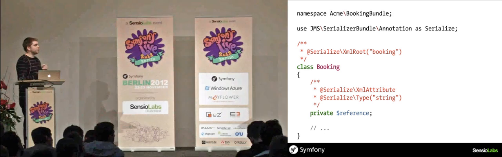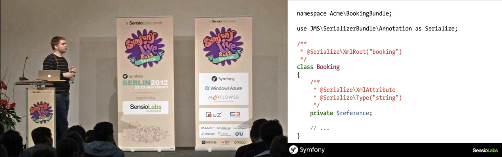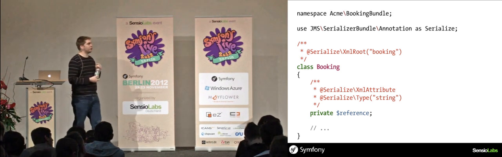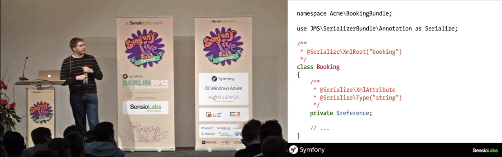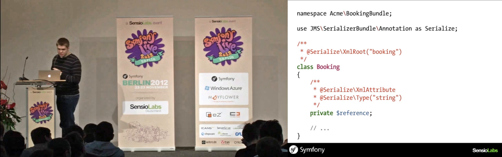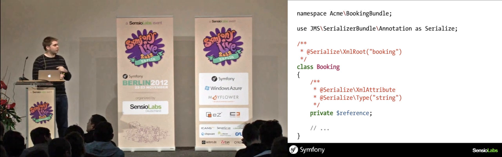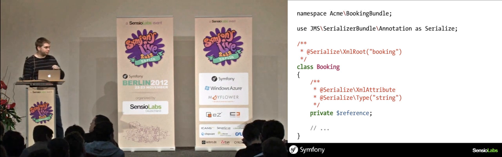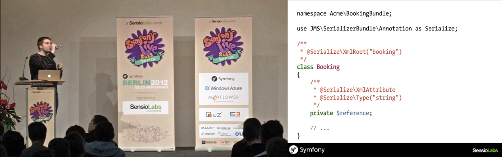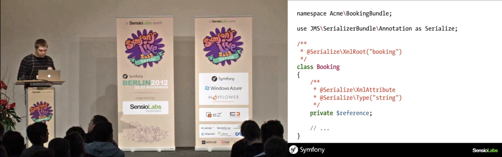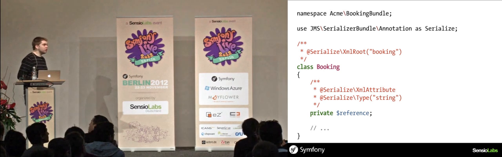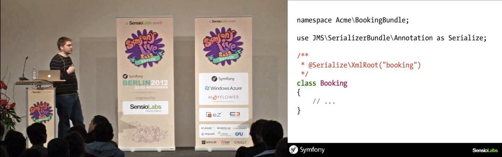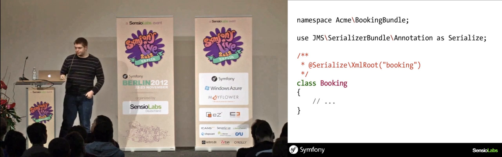So you have a set of annotations located in the JMS serializer bundle annotation namespace. So I'm importing this namespace, and then I will specify this annotation on the class or on the properties. So let's see a bunch of them. Let's say you want to customize the XML root node in the output.